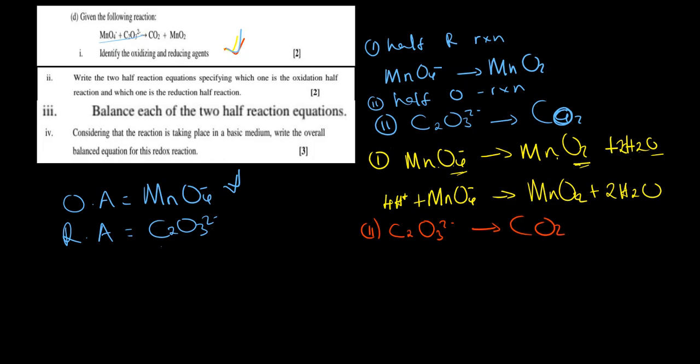We balance the main species. Here it has 2, so I'll put 2 there. All right, it has balanced the main species, but again I've affected the oxygen. Now I have 4 this side, here I have 3. What should I do? I'll add another H2O molecule this side so that I can reach 4 as well.